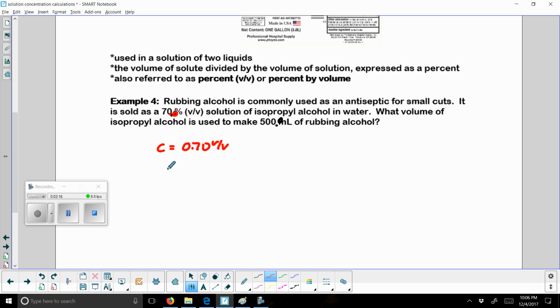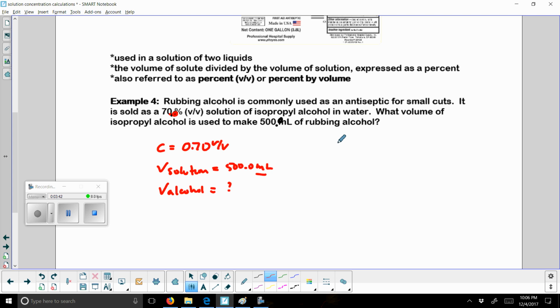So what I have is the volume of the solution. The whole solution is going to be 500 milliliters. Remember, consumer products use milliliters, so it's okay to leave it like that. What I want to know is the amount of alcohol that I need to produce a 70% solution that has 500 milliliters in it.